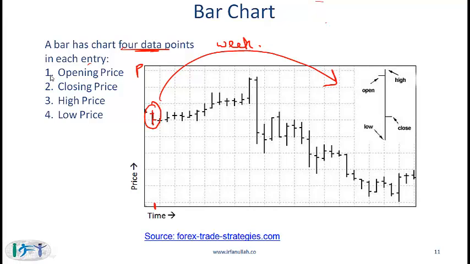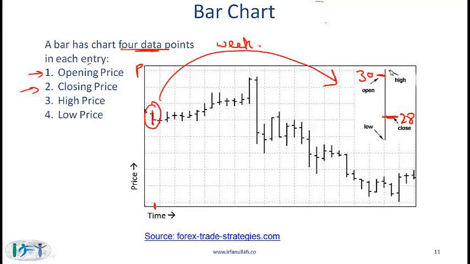The bar tells us the opening price, so that is this indicator to the left of that straight line. This tells us the opening price. The opening price might be 30. The closing price, which in this case is shown over here, that might be 28.